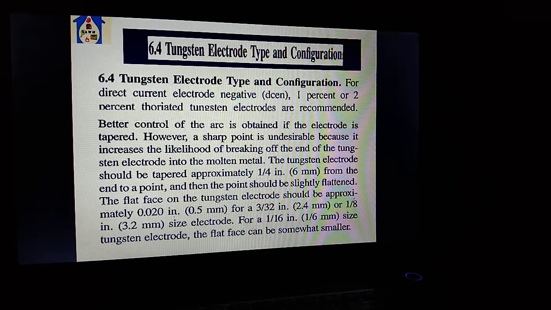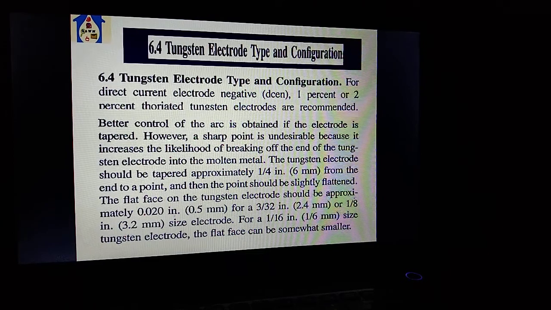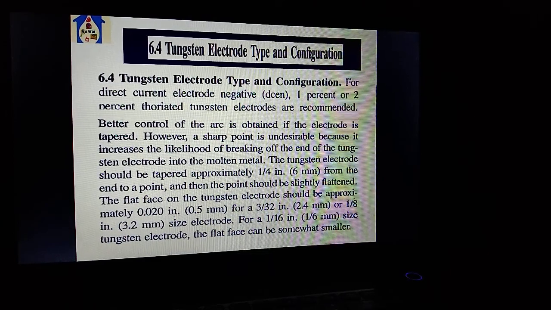Better control of the arc is obtained if the electrode is tapered. However, a sharp point is undesirable because it increases the likelihood of breaking off the end of the tungsten electrode into the molten metal.